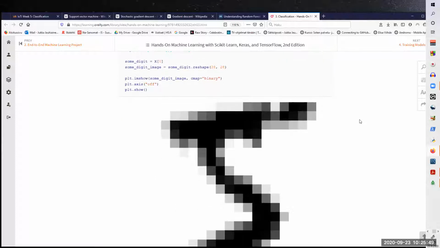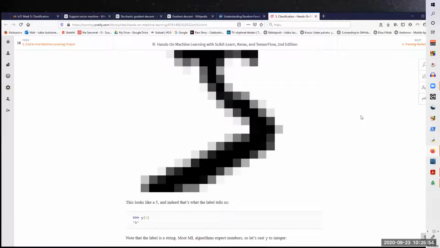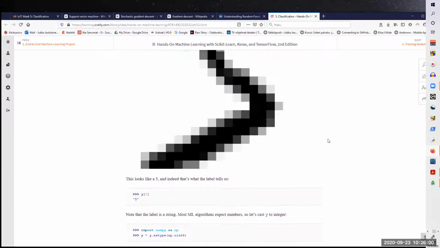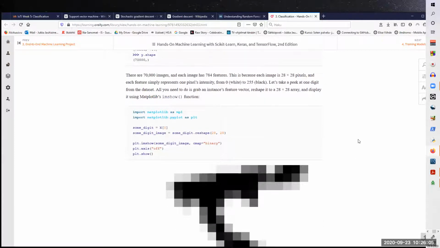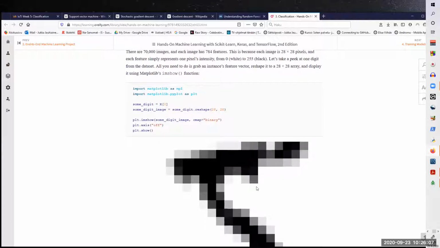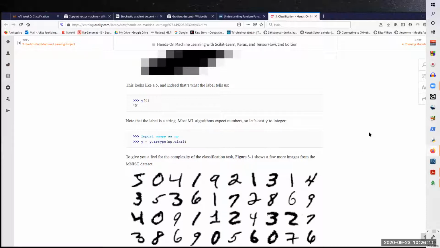So here is one of the images, and as it looks like 5, its label also tells us that this really is number 5. And you see the different gray levels. This label is a string, so here the algorithm converts it to integer.